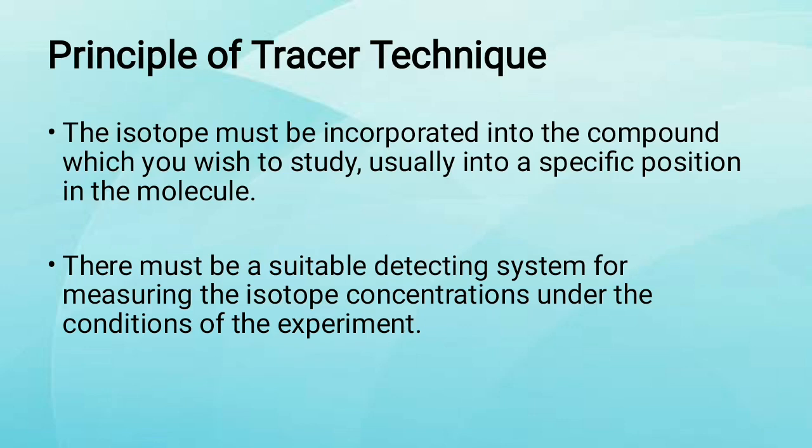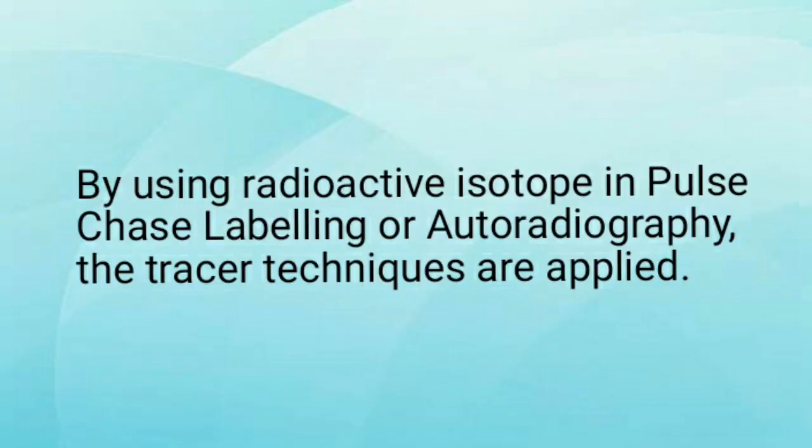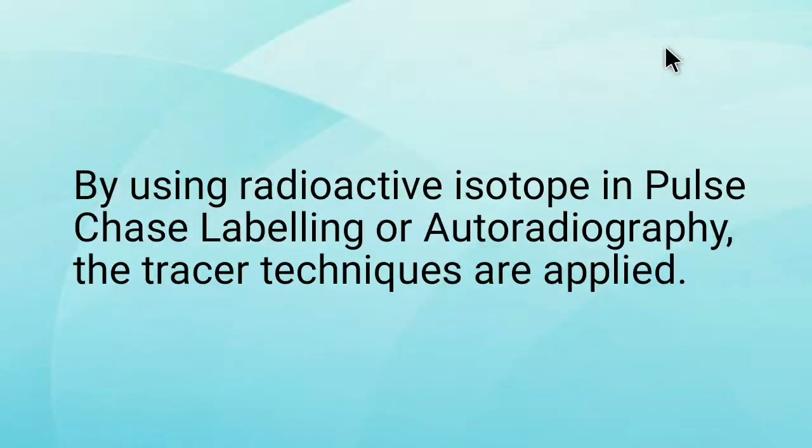For radioisotopes, dilution of approximately 1 lakh is permissible. Radioisotopes can be determined on material in the gaseous, liquid or solid state. By using radioactive isotopes in pulse phase labeling or autoradiography, the tracer techniques are applied.